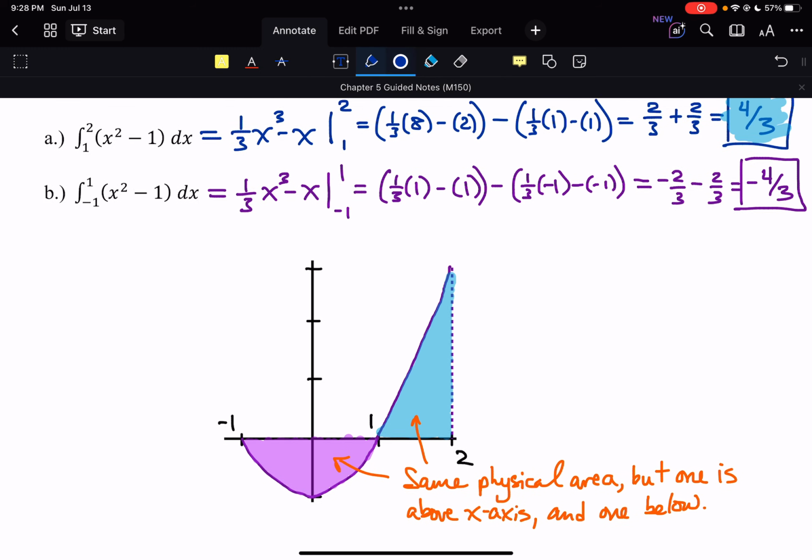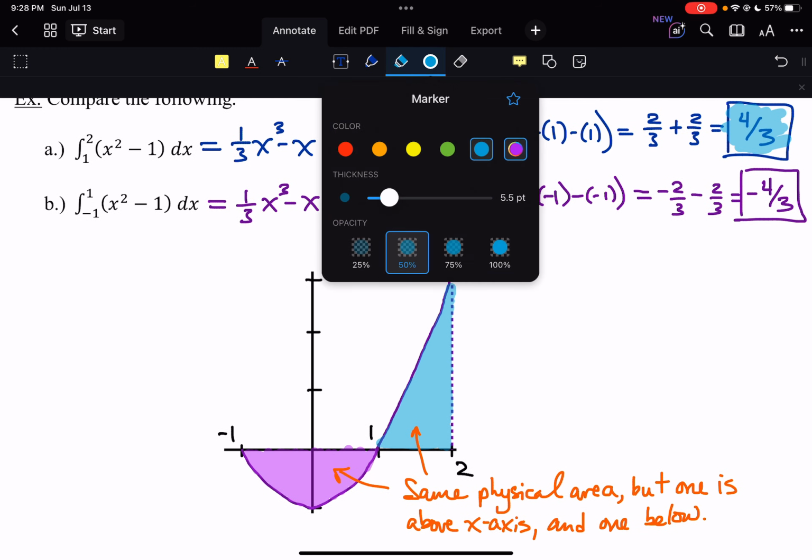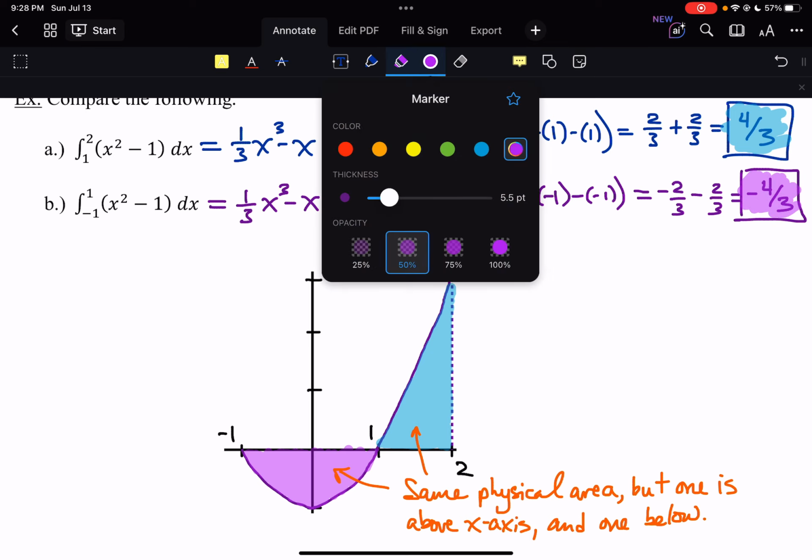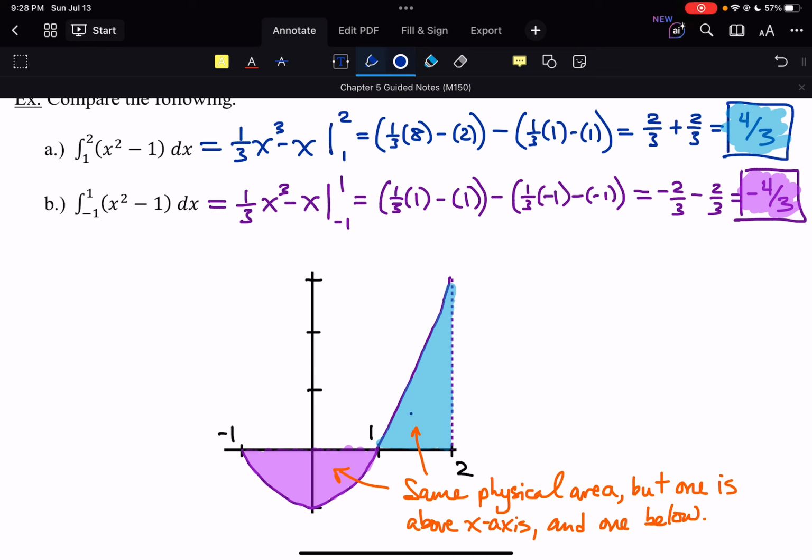The physical space being taken up by these two pieces of area is the same, but one of them is above the x-axis and below the curve. That's the positive 4/3 value. One of them is below the x-axis and above the curve. That's our negative 4/3. And the integral did that, of course, without us needing to adjust or manipulate anything. The integral knows to do that.